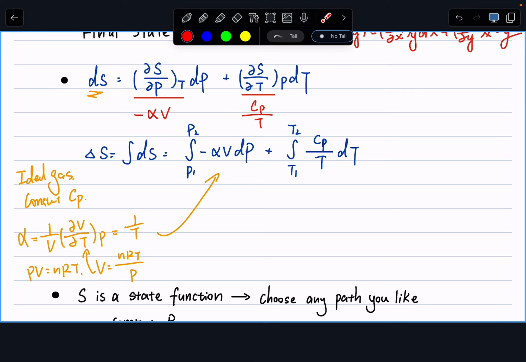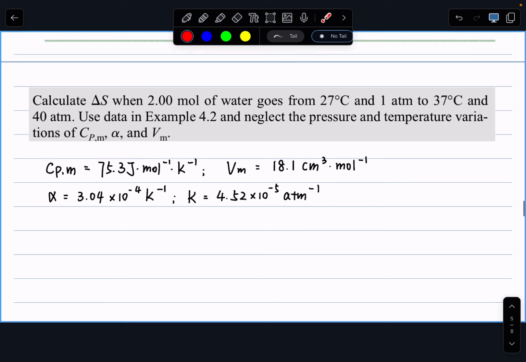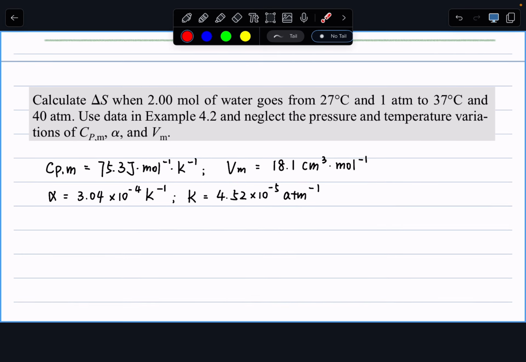So now let's look at a specific example that you might see, which is, calculate delta S when now you have numeric numbers, right? You have 2 moles of water going from 27 degrees Celsius and 1 atm to 37 degrees Celsius and 40 atm.